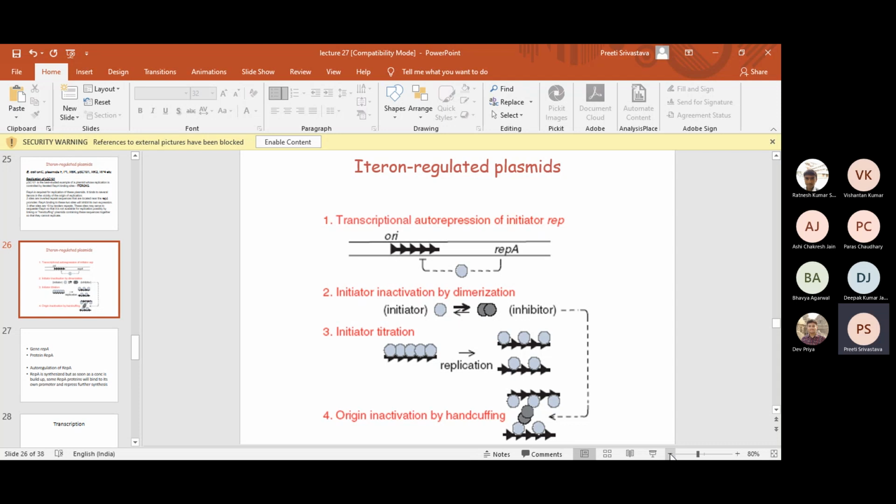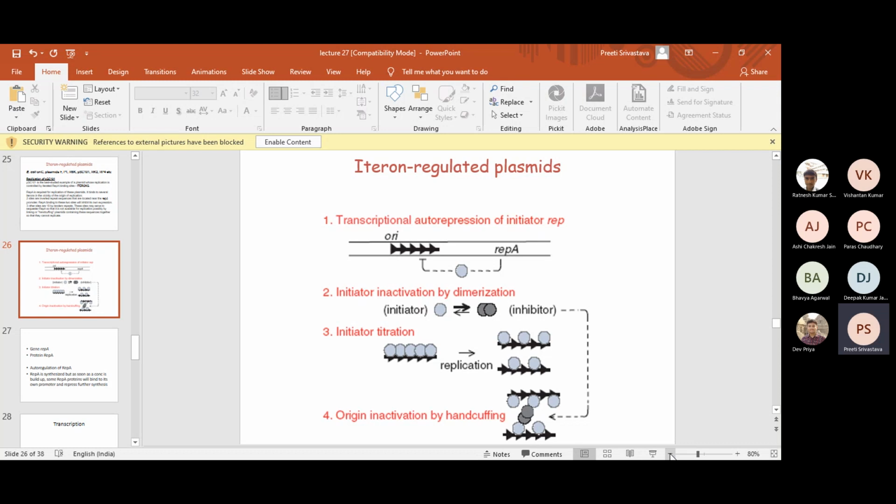The initiator concentration can be diluted down by titration, by binding to several other sites which can be generated as a result of replication, and the origin can be inactivated. That means the origin can be prevented from further initiation by a mechanism called handcuffing, which results in cross-linking or pairing of the two strands, and therefore the two replicated strands cannot initiate any further.